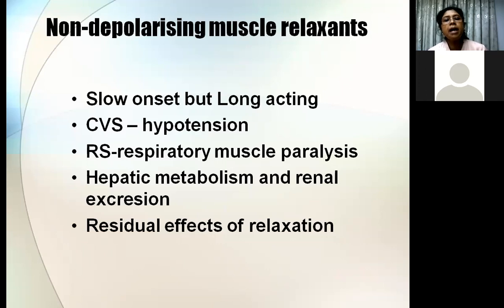In the cardiovascular system, hypotension is something that happens with some of these drugs. Respiratory muscle paralysis is what we want from them, so that happens. Hepatic metabolism and renal excretion is how they actually go out of the body, but because of that you have to be very careful when you give them in liver failure and renal failure patients.